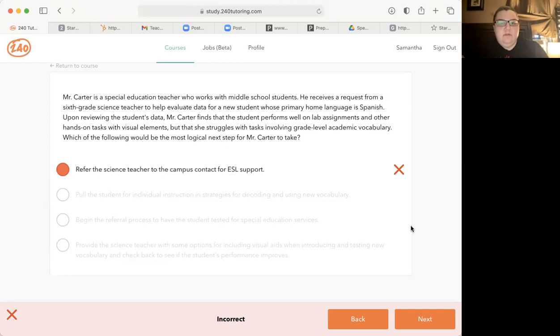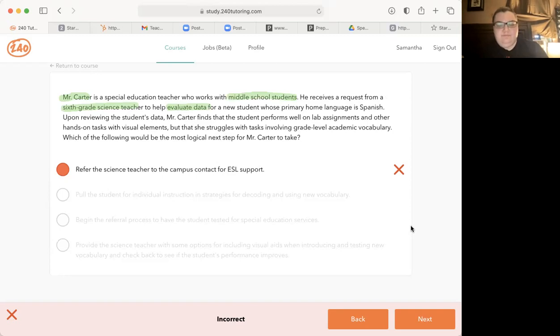Okay, so you have Mr. Carter, a special education teacher for middle school students, who receives a request from a sixth grade science teacher to help evaluate data for a new student whose primary home language is Spanish.